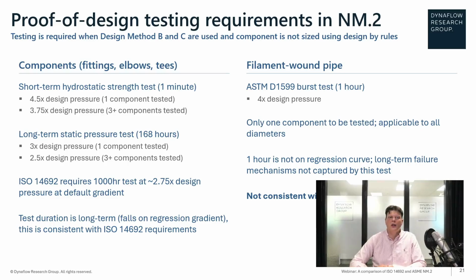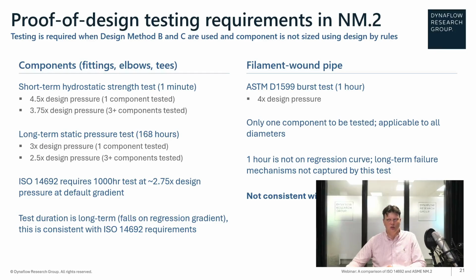On the other hand, this is a special case in mandatory appendix 4. So for filament wound pipes, there are slightly different requirements, and that is to do a burst test for 1 hour. So with the ASTM D1599 methodology, you set it up for a burst test at 4 times design pressure. However, in this case, failure is not required, so it's not meant to fail. It's only supposed to pass at 4 times design pressure. And then only one component is tested and applicable to all diameters.